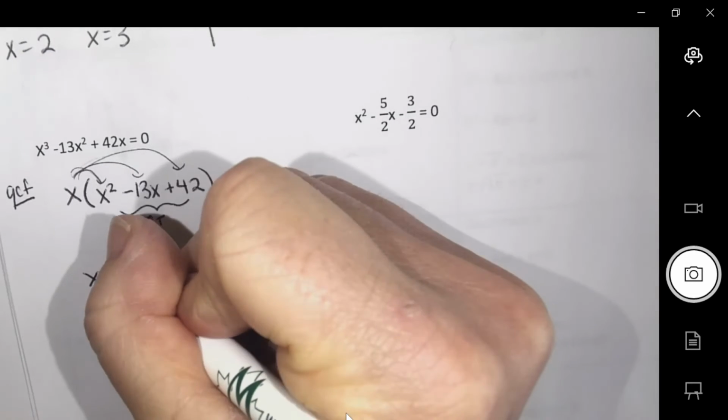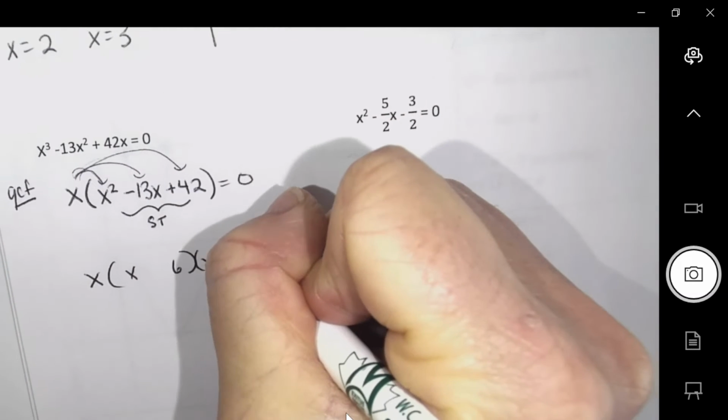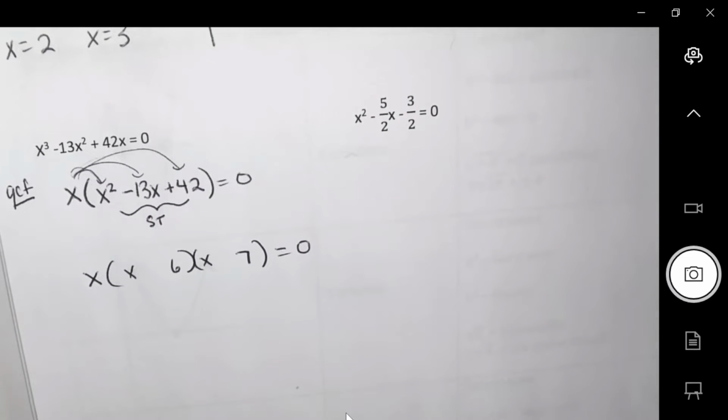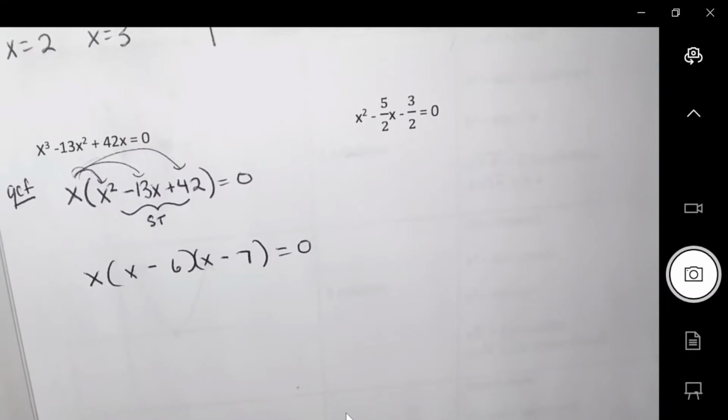Okay, so this simple trinomial is x, x. What is multiplying to 42? Do we know those numbers? 6 times 7? Are you using your calculator or your mad minutes here? 6 times 7. And then if I do negative, negative, that works? Okay, on this question, there's actually 3 x answers.